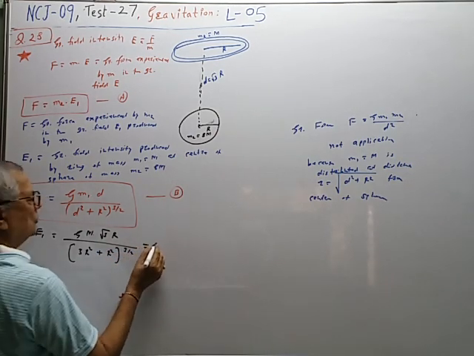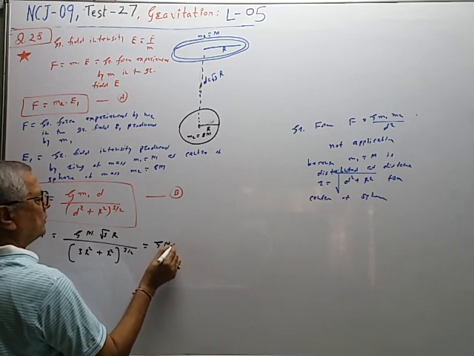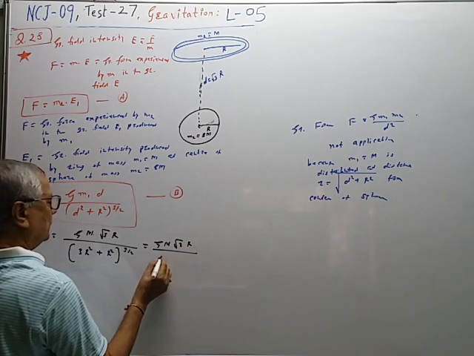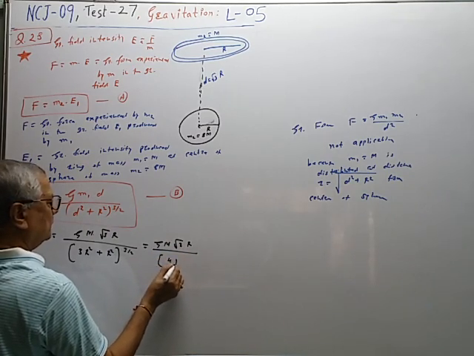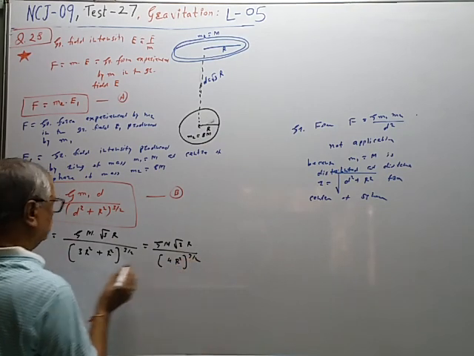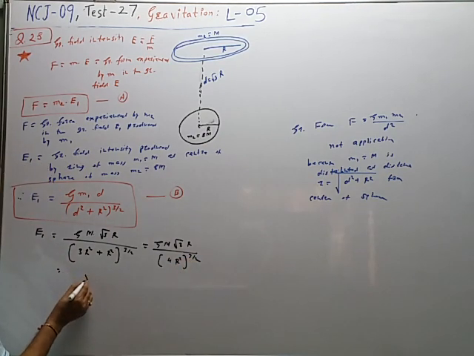So this is equal to G capital M root 3R upon 4R square bracket raised to 3 by 2.